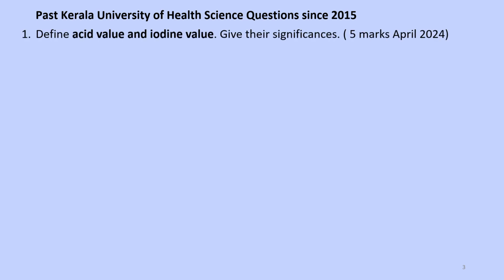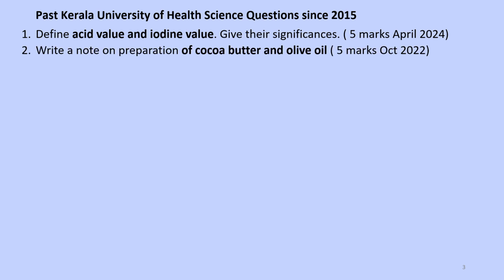You see here they have asked: define acid value and iodine value and give their significance, a 5 mark question. These are repeated questions actually. Write a note on preparation of cocoa butter and olive oil, a 2022 5 mark question.